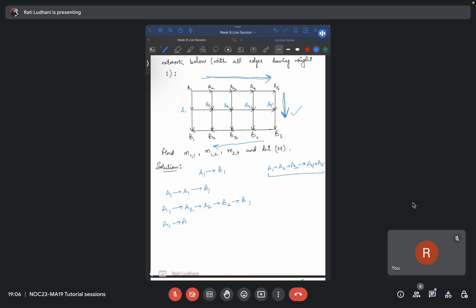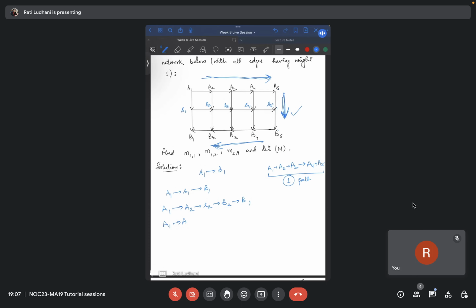There is no option to go like this, right? At this location you have just the right side. Then when you reach B5, the only option is to go straight to B1. There is no other option. So when you fix A1 to A5, there is only one path you have.